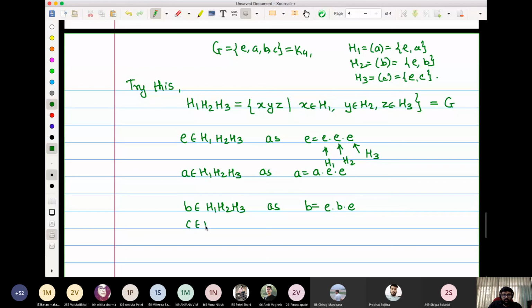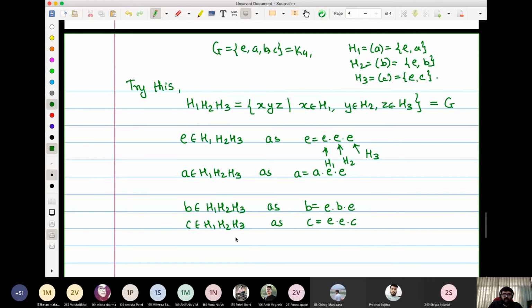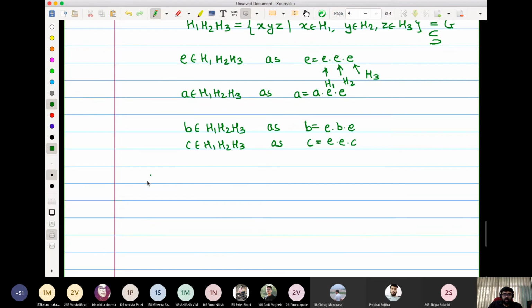Similarly, C also is in H1, H2, H3, because C can be written as E, E, C. C is in H3. So all four elements are there in H1, H2, H3. This is already a subset, and we have shown that all elements of G are in it, so they are equal. Therefore, H1, H2, H3 equals G.